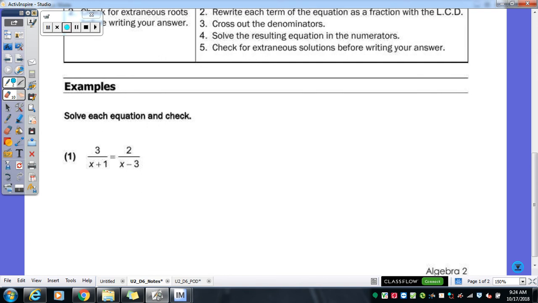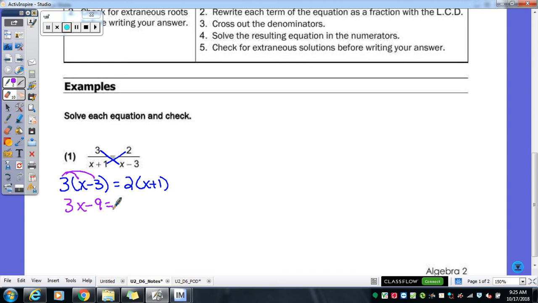So as I said, we are going to cross multiply. So that means I'm going to do 3 times the x minus 3. I'm going to multiply that top times the other bottom. And that's going to equal 2 times the x plus 1. I'm going to multiply the other top and bottom. So once we get this, we're going to distribute, solve for x. So that left side, I get 3x minus 9.